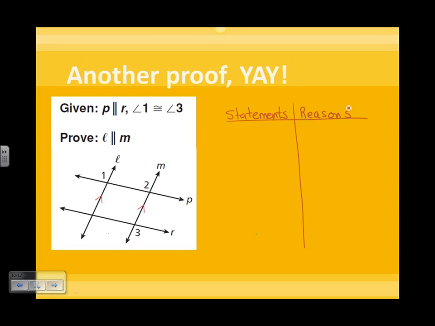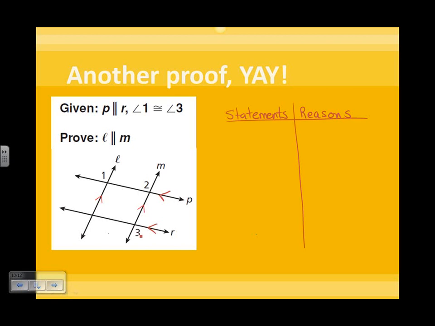And I'm going to reason through my argument before I get started. I know that P is parallel to R, so I'm going to put that information on the diagram, that P is parallel to R, because we know certain things because the lines are parallel. So we know that also angle 1 is congruent to angle 3. Okay, so I'm thinking I'm going to say P is parallel to R, angle 1 is congruent to angle 3.